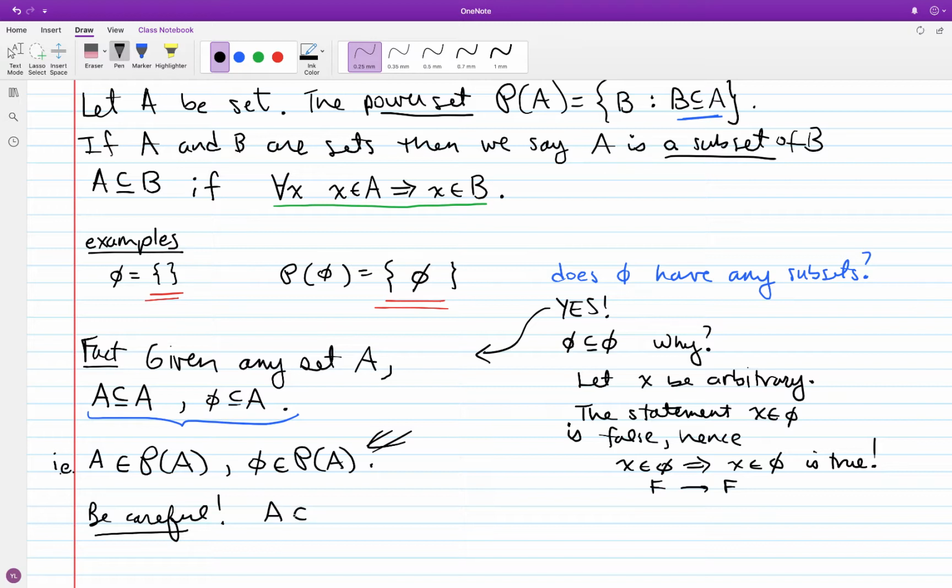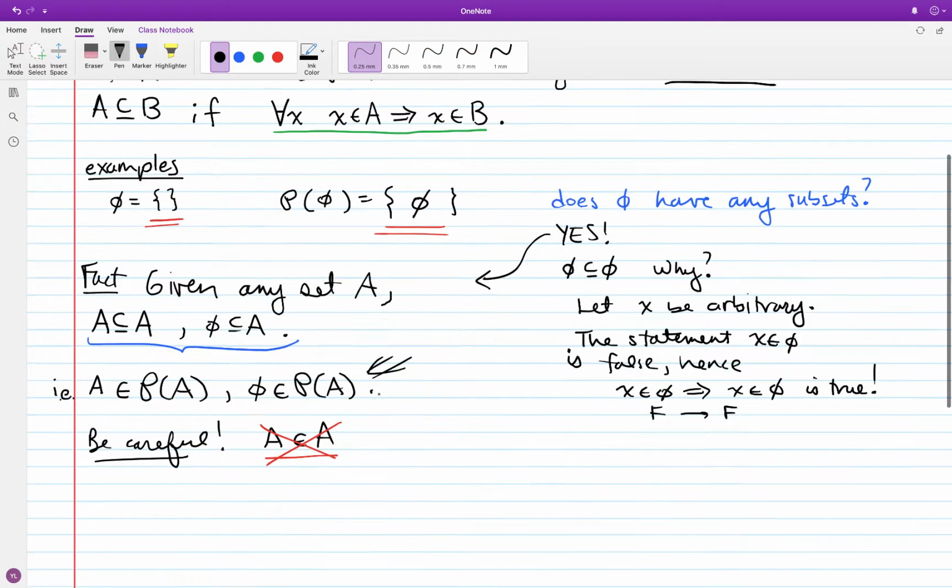This right here is not generally true. I mean, actually, if you're studying set theory properly, you actually forbid this from ever happening. So a set is not an element of itself, generally.